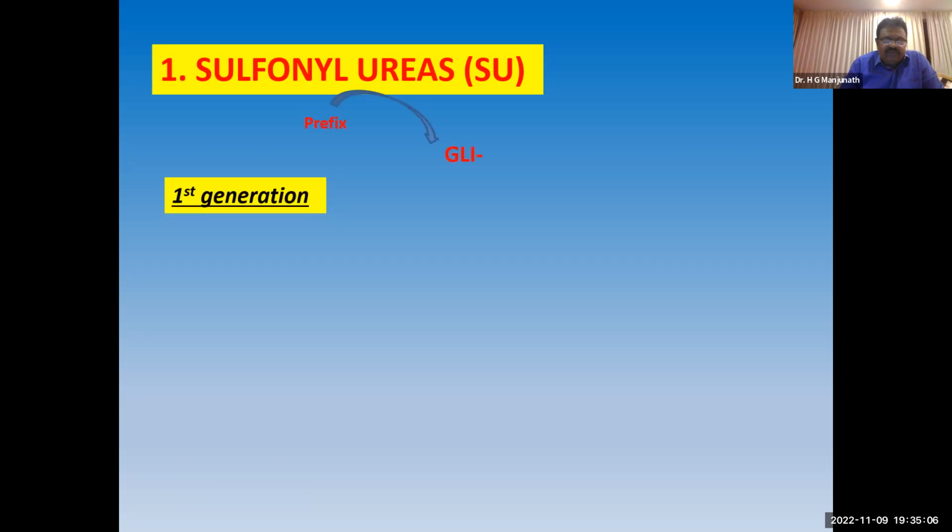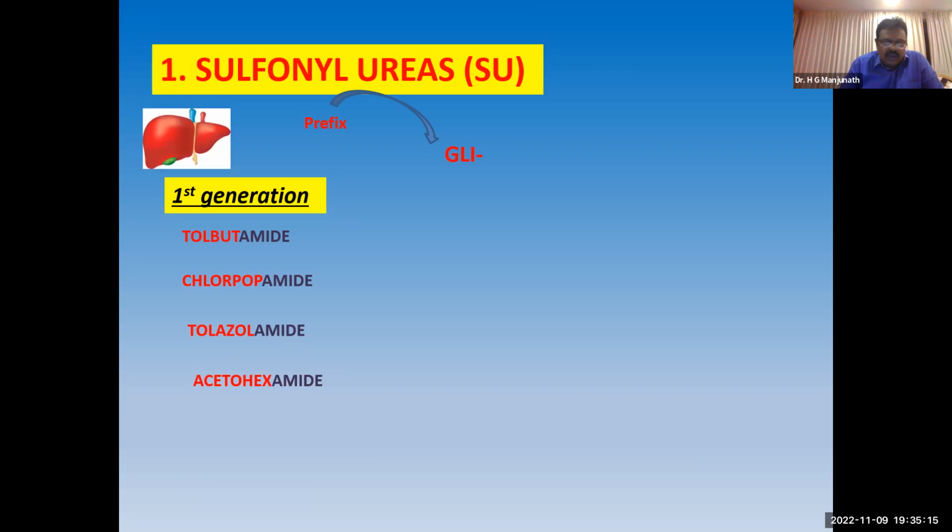The first generation sulfonylureas are tolbutamide, chlorpropamide, tolazamide, and acetohexamide. These drugs do not have the prefix GLI. They end with the suffix amide. These first generation sulfonylureas produce hepatotoxicity, which is why nowadays they are not preferred.